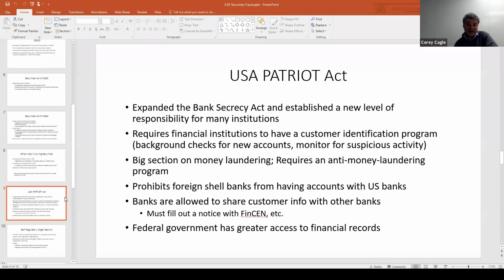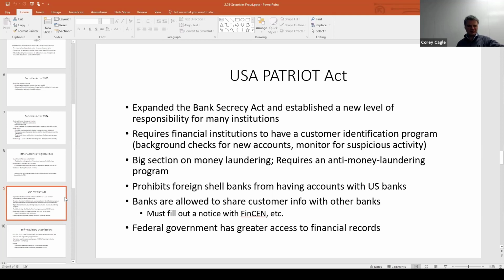It requires an anti-money laundering program. It prohibits foreign shell banks from having accounts with U.S. banks. Banks are allowed under it to share customer information with other banks. They've got to fill out appropriate forms, of course. And then it gives the federal government greater access to financial records.